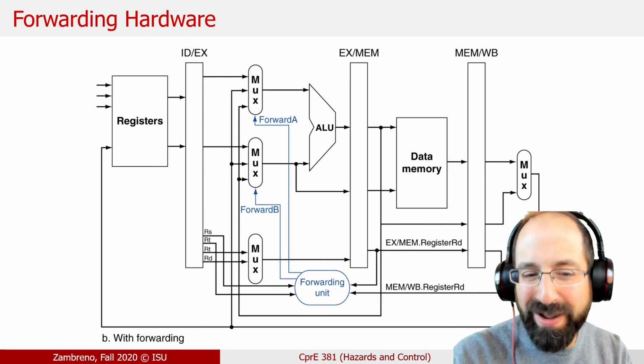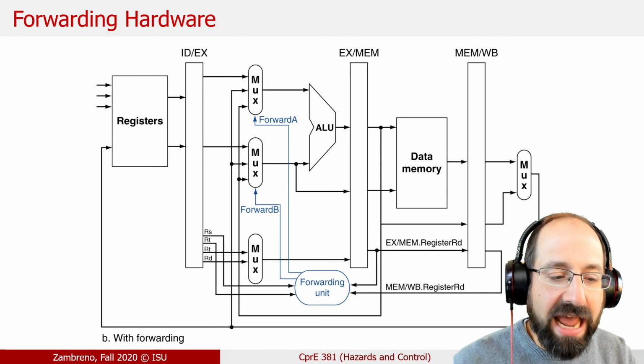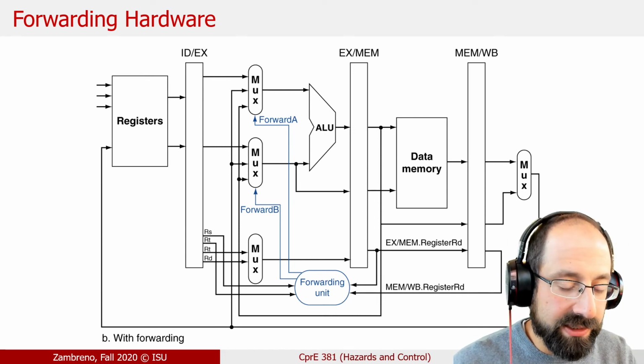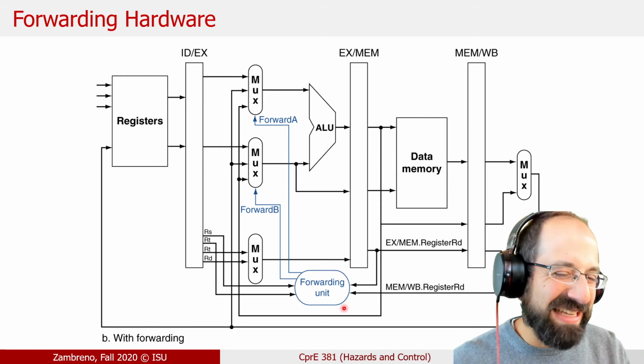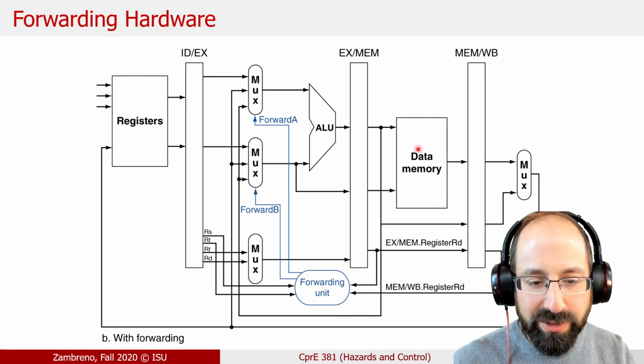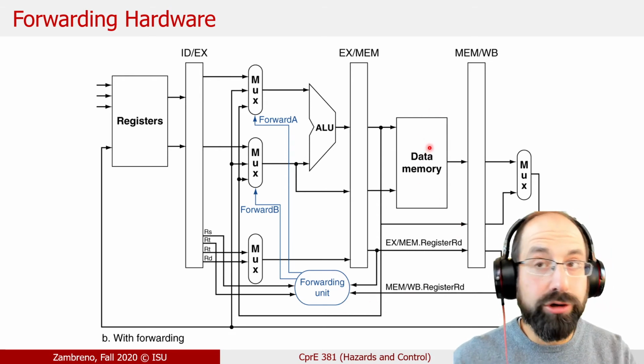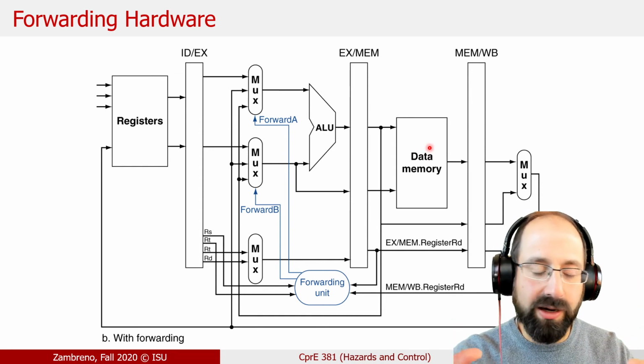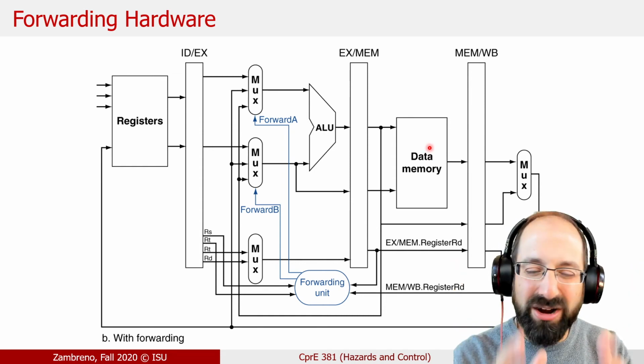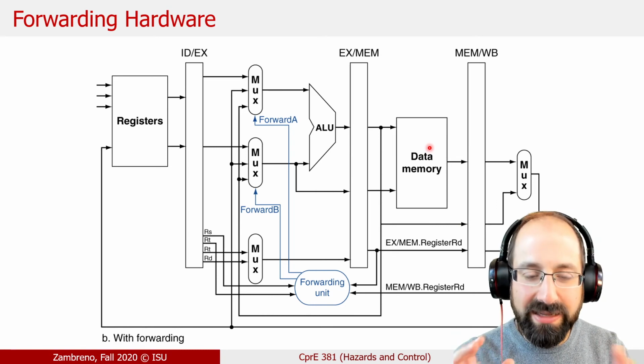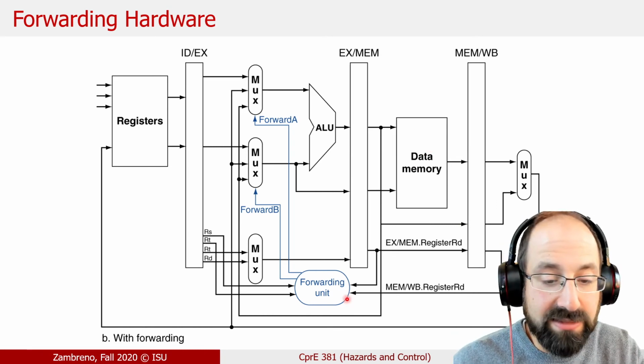Don't overdo it for the pipeline processor because you're going to have components like the forwarding unit that don't really sit in any stage. Other units, you can clearly say, well, the data memory's in this stage. You could create a block that's called data mem stage. I actually don't recommend doing it.